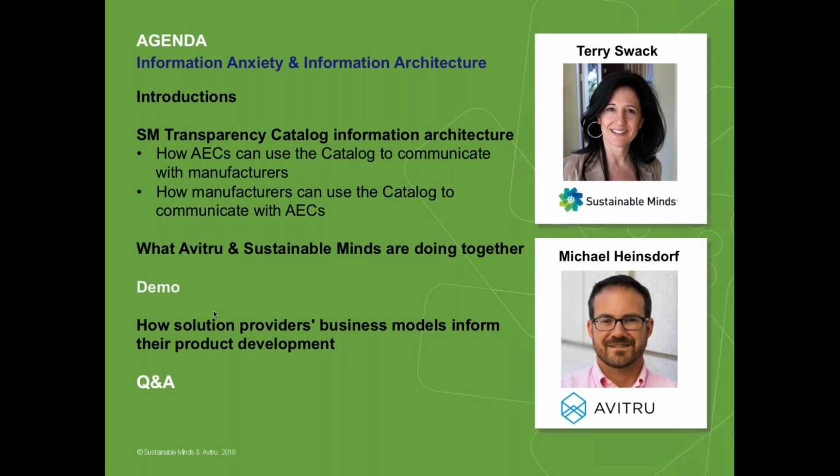So that's the preamble to what we're going to talk about and show you today about this combination of addressing information anxiety with information architecture and how Sustainable Minds has been doing that and will continue to do that, and how we're doing that in our partnership with Vtrue.